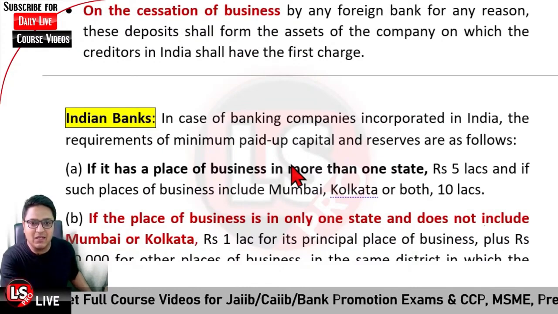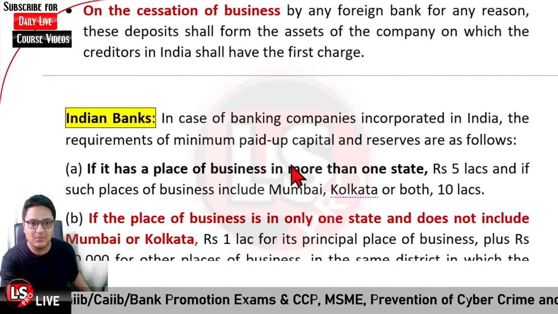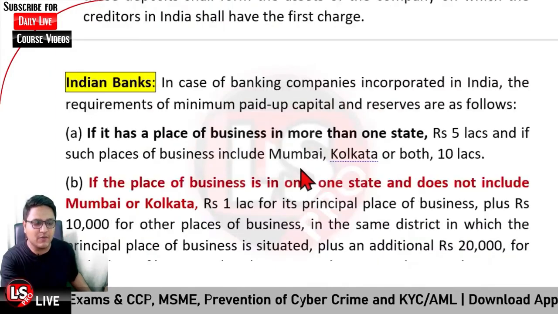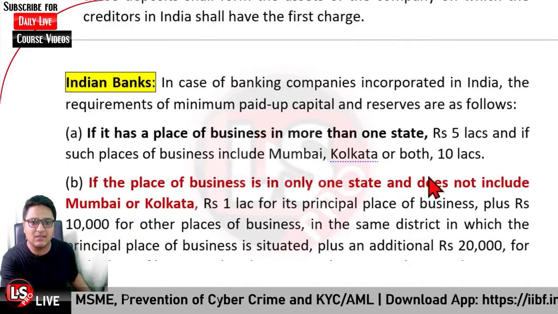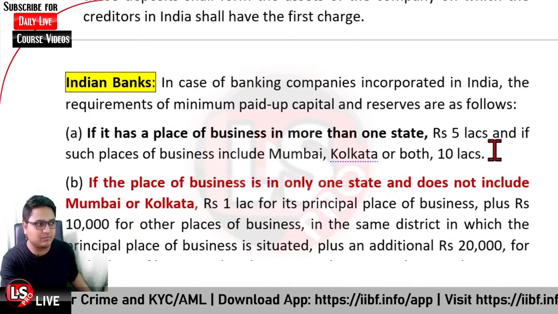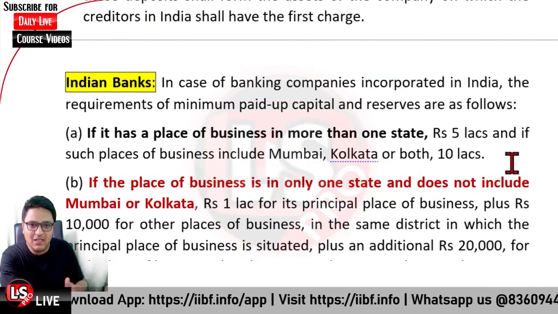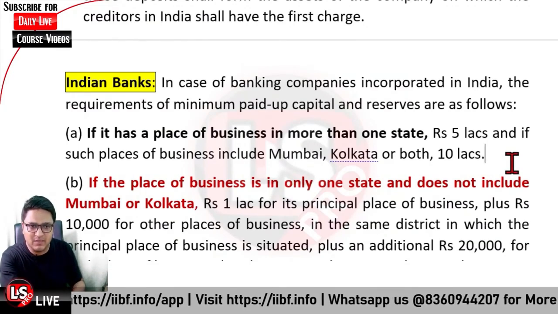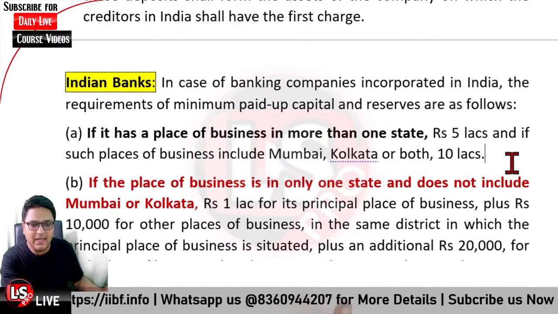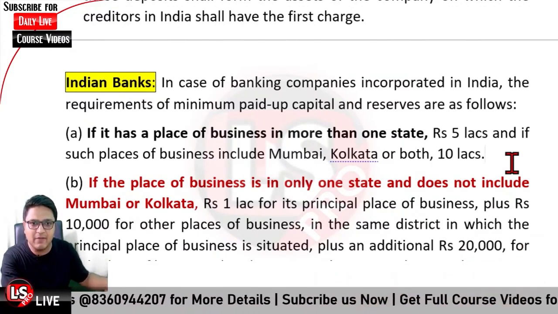So in case of the banking companies which are incorporated in India, there are minimum paid up capital and reserve requirements. The first condition says if a bank has a place of business in more than one state. First of all, we are talking about if the Indian bank has a place of business in more than one state, a multi-state bank. In that case, the minimum requirement is rupees 5 lakh.